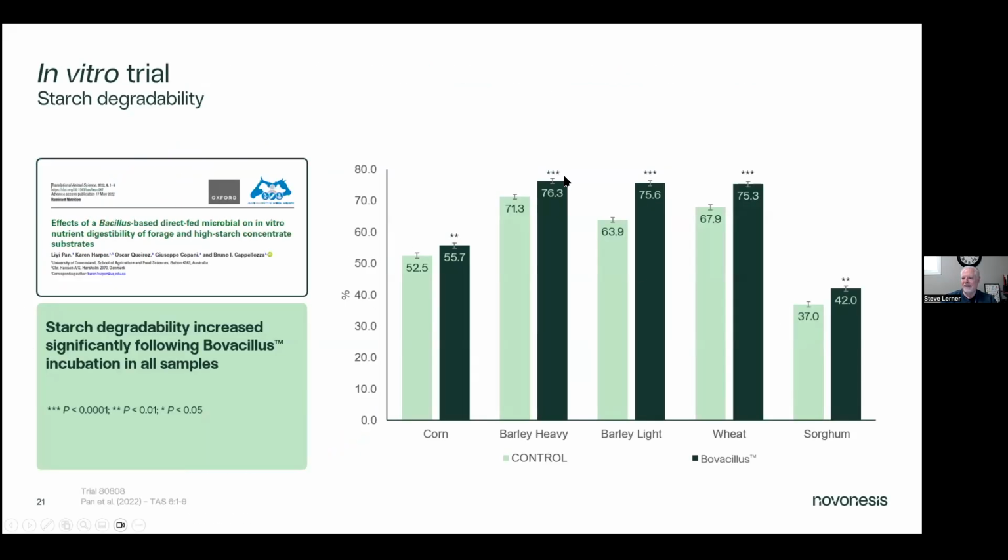To test this, we took our Bovacillus product that contains CH200 and CH201, and we looked at starch digestibility by different feed substrate and found statistically significant improvements in starch digestibility. This was an abstract, so we can consider it published data.